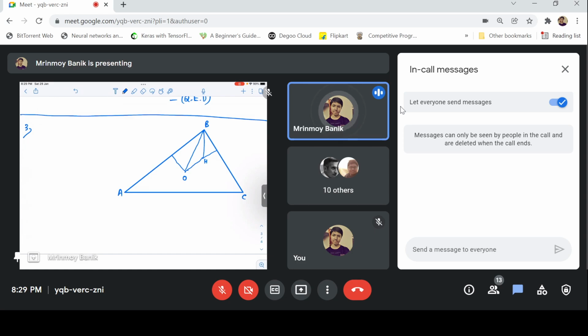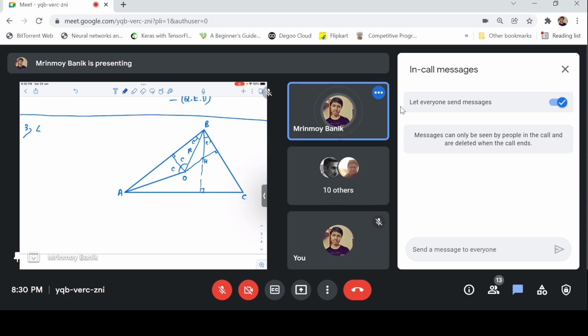So we'll again try to use the same technique of the cosine rule in triangle OBH. This is same as R. This angle is C, this angle is C. Hence this is C dash. And this is 90, so this is C dash.